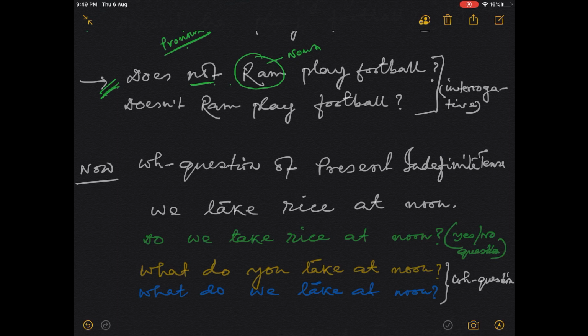It is an interrogative sentence, but this type is called a yes or no interrogative sentence, because its answer will be either yes or no. Do we take rice at noon? Yes, we take rice at noon. No, we don't. So it is called yes or no questions.